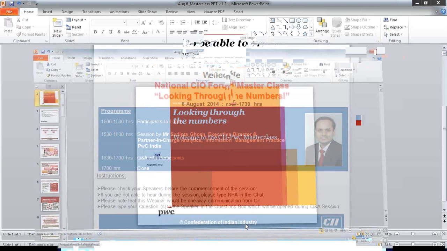Now it is not really possible that you try and analyze each and every customer one after the other, but what is possible is that you can classify or stratify your customers based on certain parameters, and these parameters could be the psychographic parameters which are related to the attributes of the customer, like the age, the income bracket, the gender, the location, and other factors which are very specific to the customer.